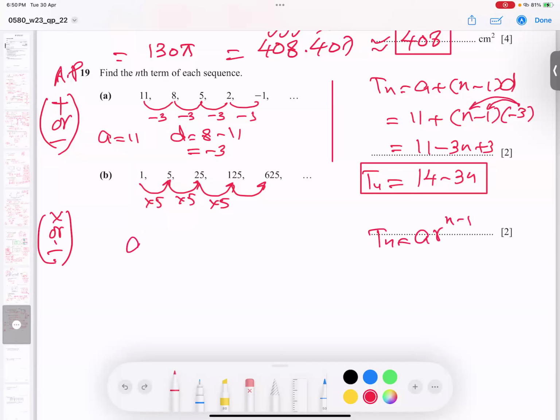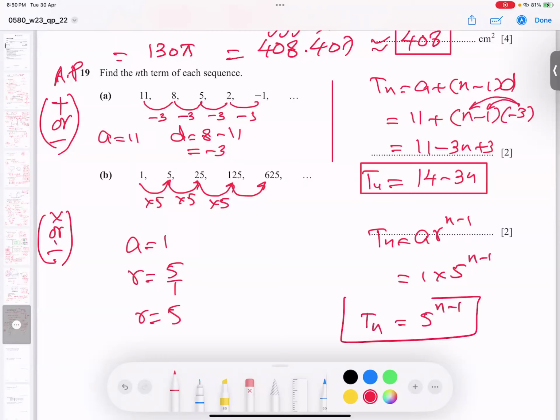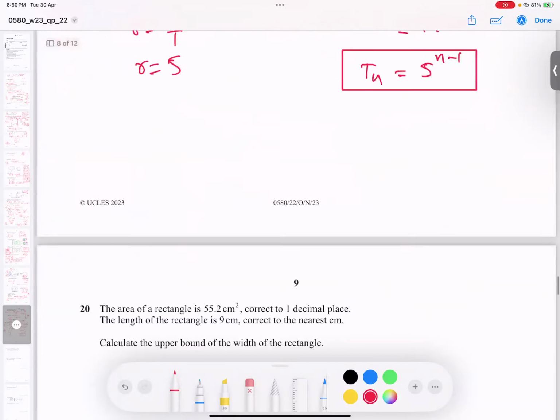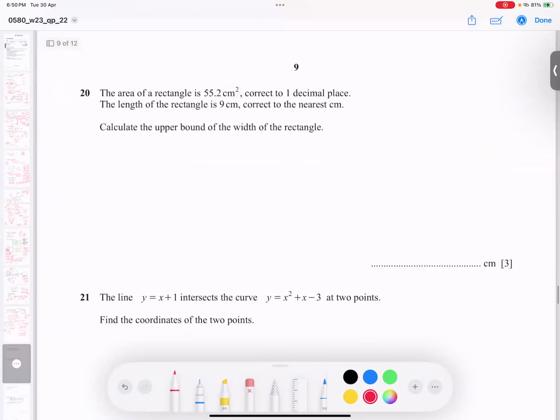First term is 1, it is clear. And common ratio, how to find it? Common ratio is the second term divided by the first term, or the third term divided by the second term. I get the common ratio. Applying the formula, A is 1, R is 5, n minus 1. Whether you write 1 or you don't write it, this is our final answer. I believe you got the point very clear. Okay, so let's go to question number 20.